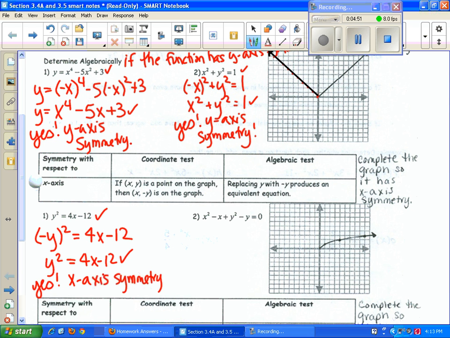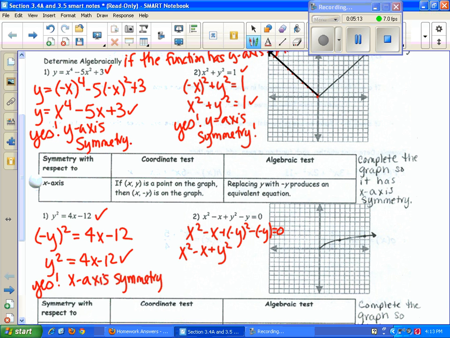And if I look at number 2, again, same thing: everywhere I have a y, I'm going to replace it with negative y. If I get the same thing back, then I know that I have x-axis symmetry. So negative y squared would become still positive y squared.